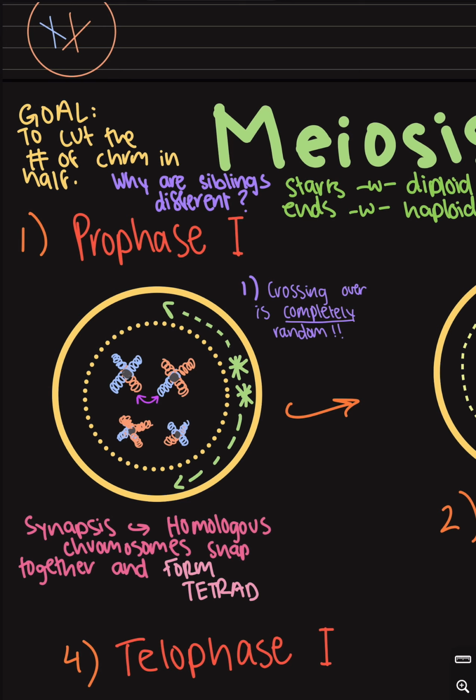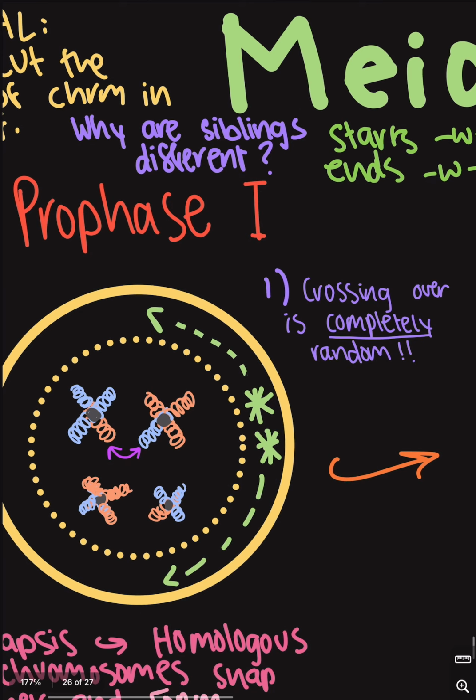What we also see in prophase 1 is that crossing over occurs. Crossing over is where one section of one sister chromatid will trade with another section from there. So they're swapping traits, okay? But it's still the same traits. For example, say this includes the hair genes, and this also includes the hair genes. They're just switching it.